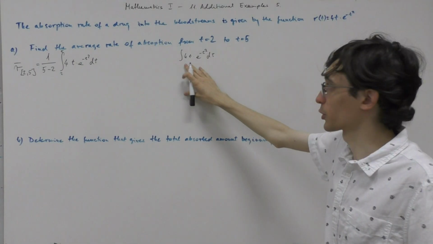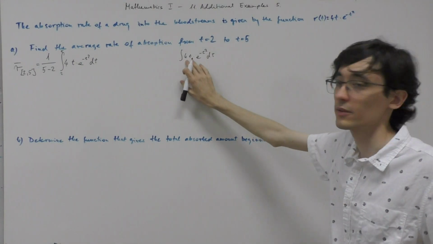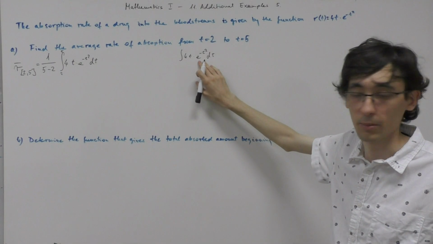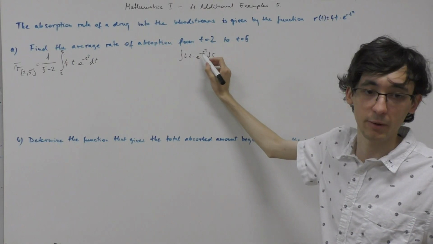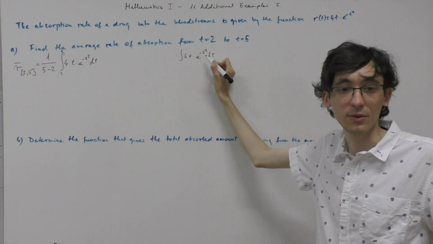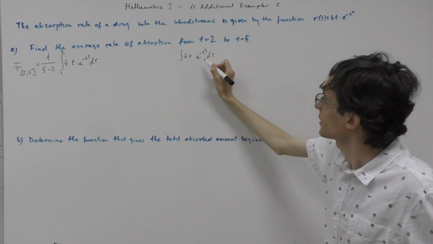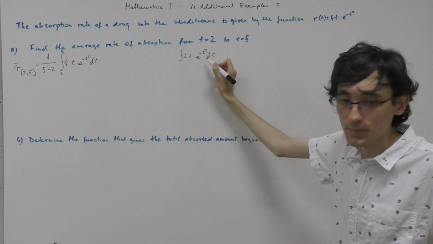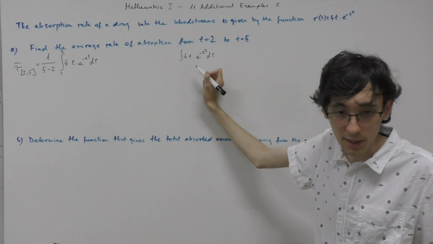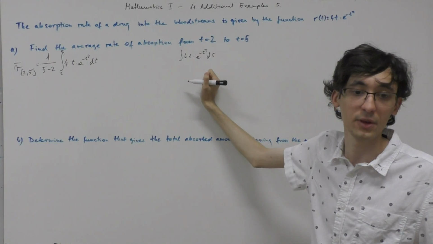Here we can see that we have a product of two functions. One of them is elementary, the other one is composite, and the inside function of our composite is negative t squared, the derivative of which is negative 2t, which contains t, so we must use substitution.